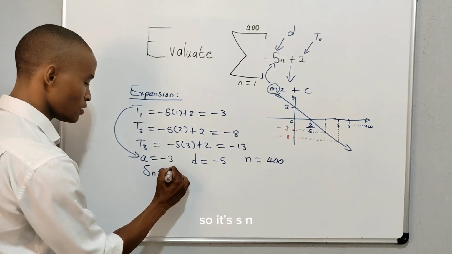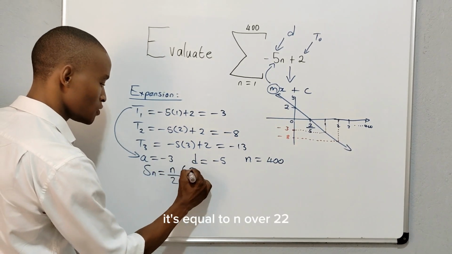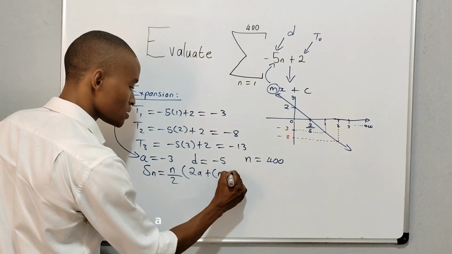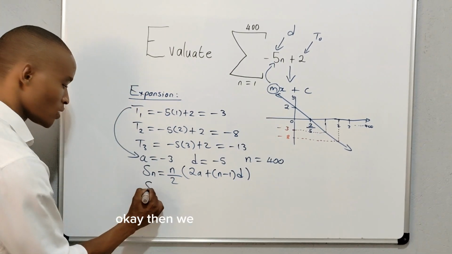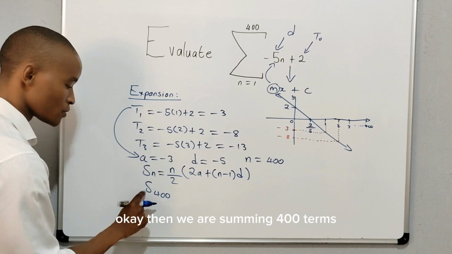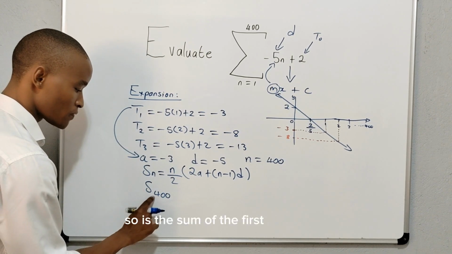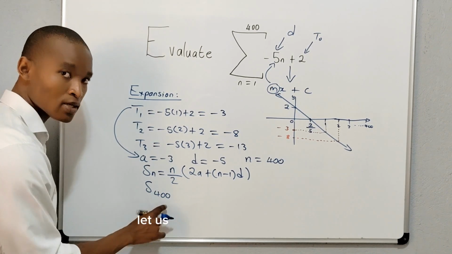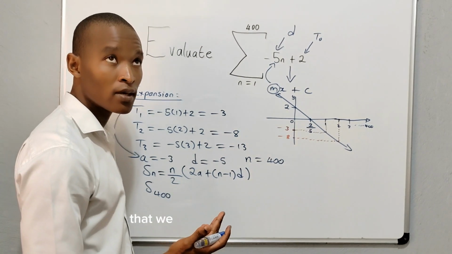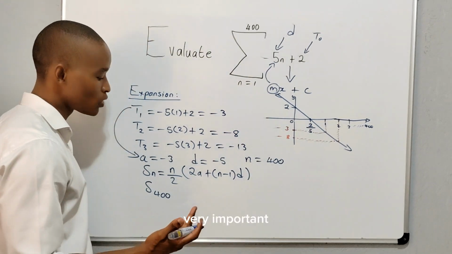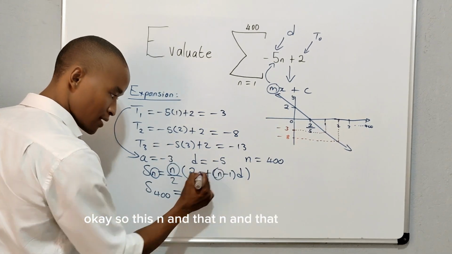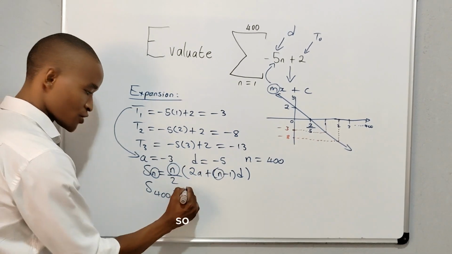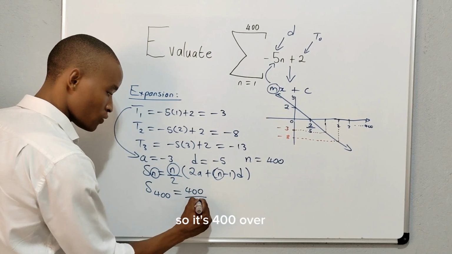So Sn is equal to n over 2 times (2a plus (n minus 1) times d), okay? And then we are summing 400 terms. So it's the sum of the first 400 terms. Let us understand the formulas that we are using in mathematics, very important. Okay, so this n and that n are the same. So it's 400 over 2.